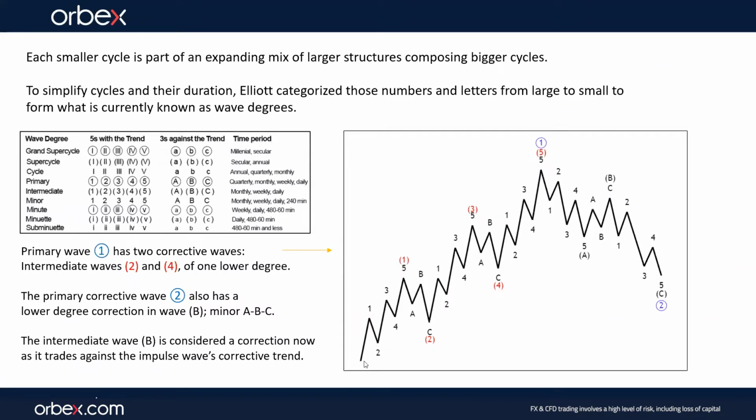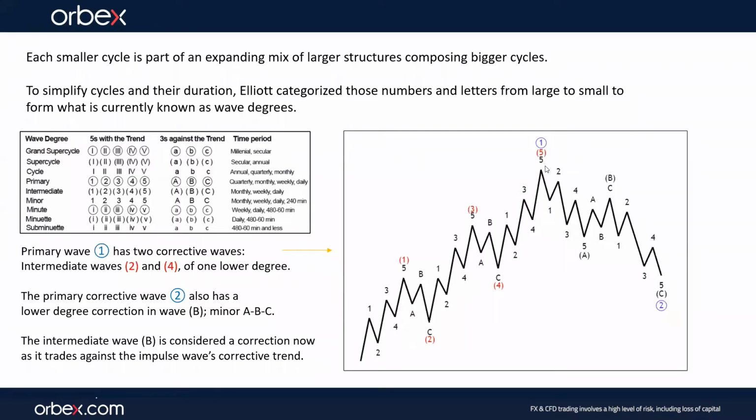The basic way we can explain this is we've got a 1, 2, 3, 4, 5 pattern to the upside, which creates wave 1 of the larger degree. Then we've got an ABC corrective move, which completes wave 2, giving us a corrective move to the downside. And then we go back up to wave 3, wave 4, and wave 5.